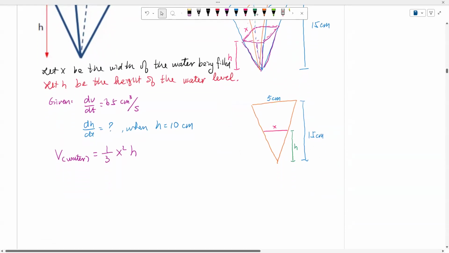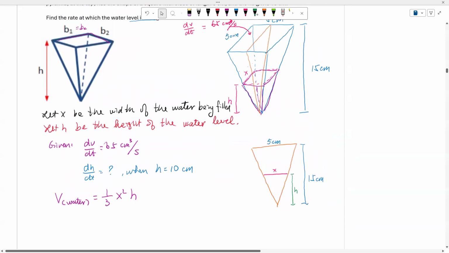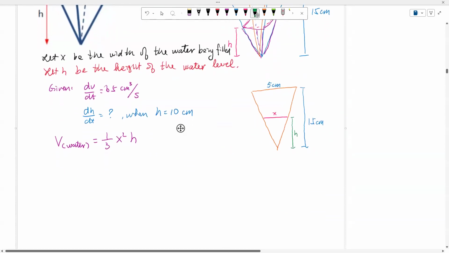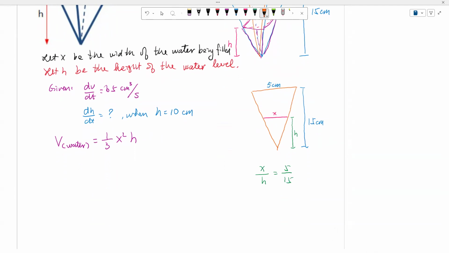Now let's see how we work it out. Because I would like to have the volume depend on H, maybe let us start with X. So X over H is equal to 5 over 15, which is 1 over 3. So I will have X equal to H over 3.